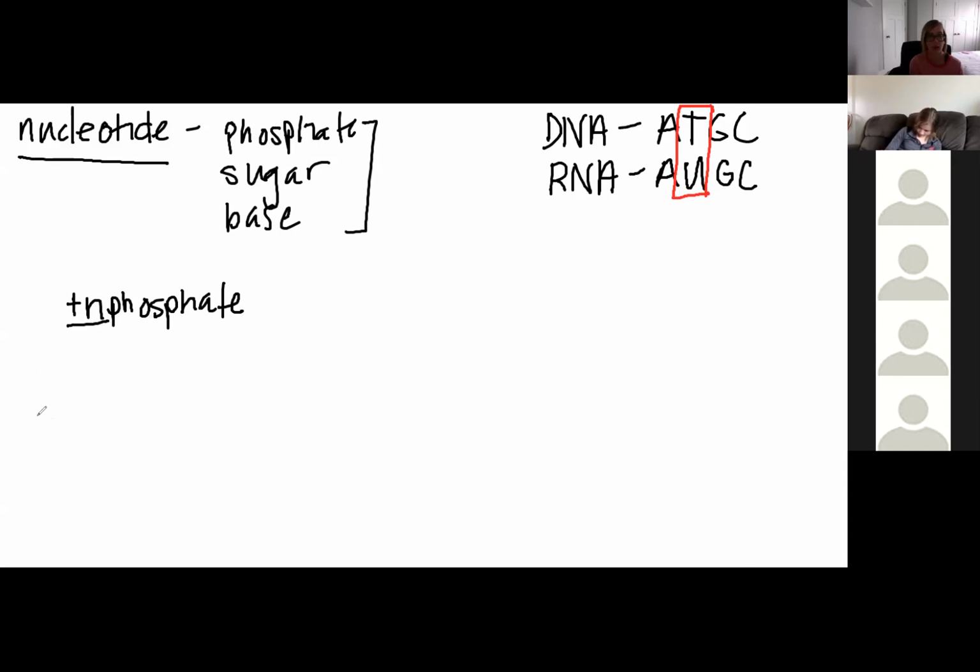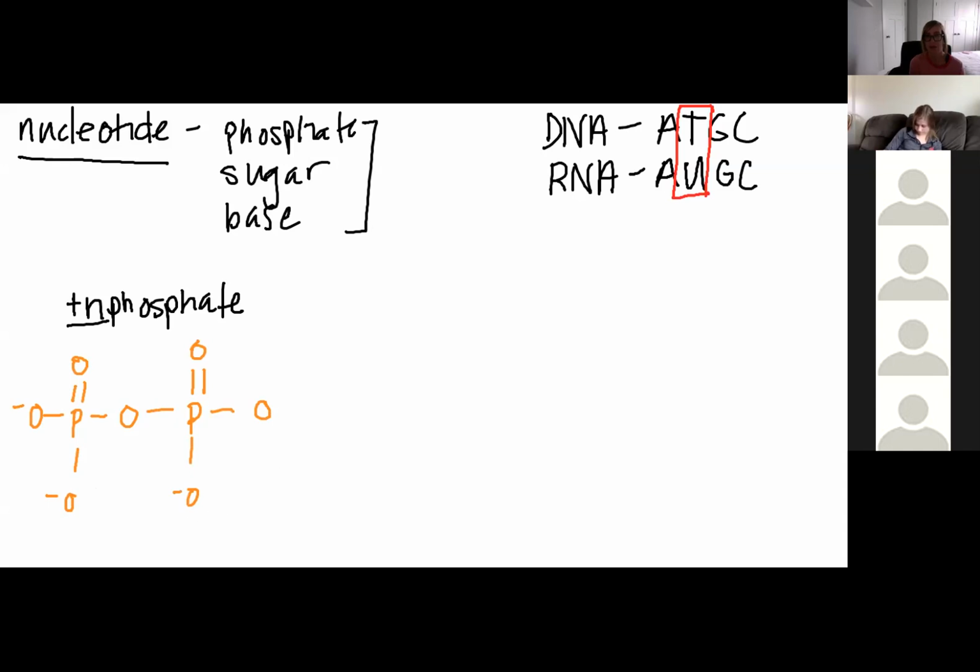So you'll have O, I should do this in a different color. We'll make it orange. Our phosphates will be orange. O, P, O, double bonded O, and another O minus. Then we have this O attached to a P, O, another double bonded O, O minus.